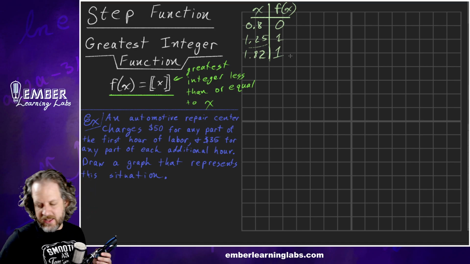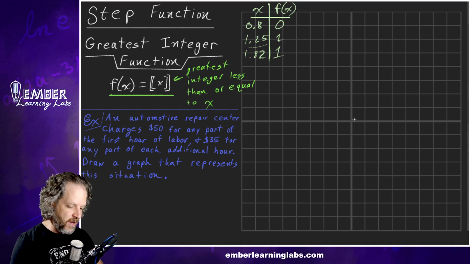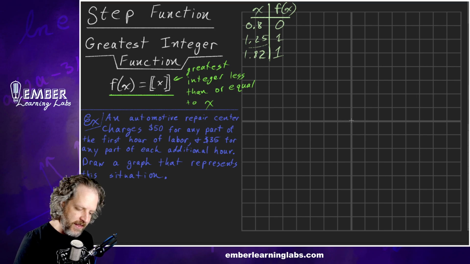Now, graphically, this is really simple. When we have this function, it looks like this. It starts out right here, and if we plug in anything between 0 and 1, but not 1, then our answer is going to come out to be 0.